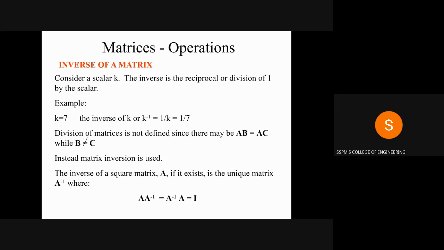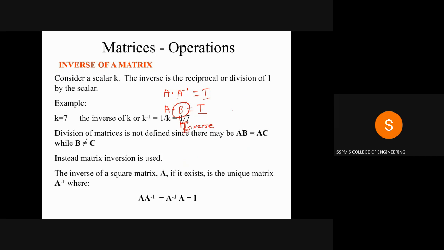Now, the inverse of a matrix. What is the inverse? Suppose a matrix A is given. How do you find the inverse? If you multiply A into B and get A into B equal to I, then you can say that this B is the inverse of that matrix. When do you say that an element is the inverse of some element?